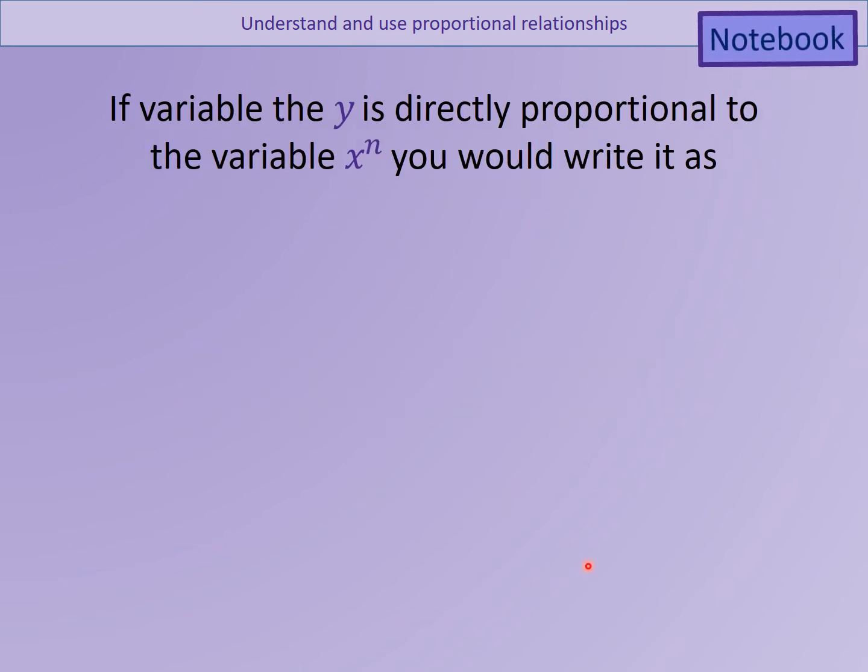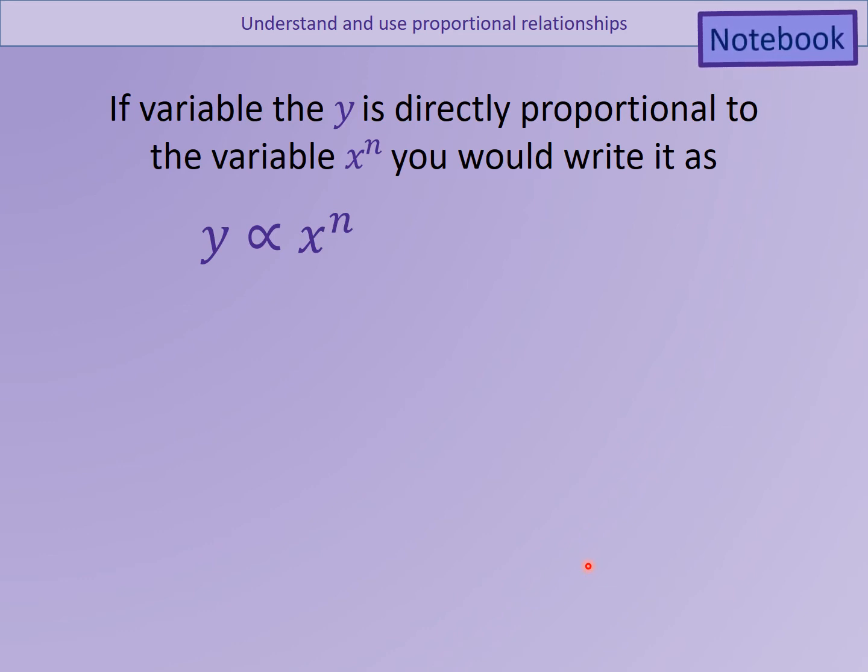Okay, so let's just look at some other key language. If the variable y is directly proportional to the variable x to the power n, does it matter if you had a different function, like in this case x to the power n, some type of polynomial function? Does that change how we do proportionality? And the answer is no. We still have y is proportional to x to the power n.